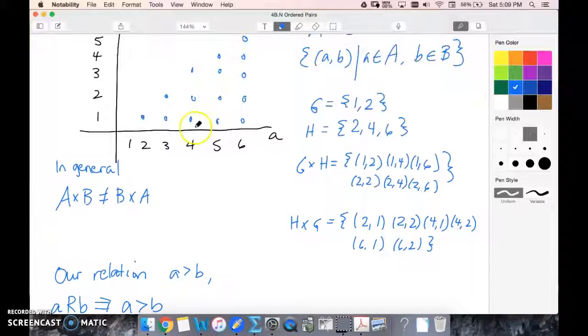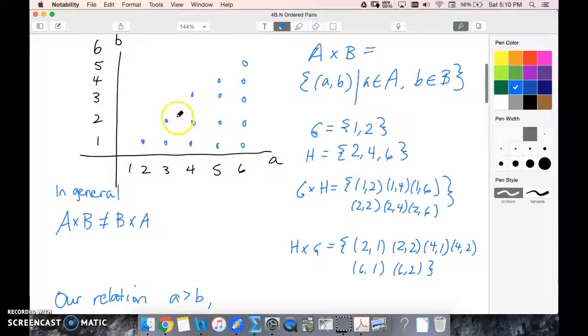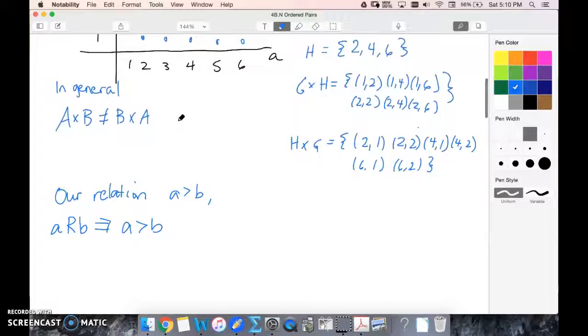If we look at this, we could list all these individual points, but we've got them here, so I'm not going to list them out. We could further separate these points by looking at these specific columns or specific rows. So if B is equal to 1, then the certain A values that match it are 2, 3, 4, 5, and 6. And when we're talking about separating it out further, we always look at the second value.